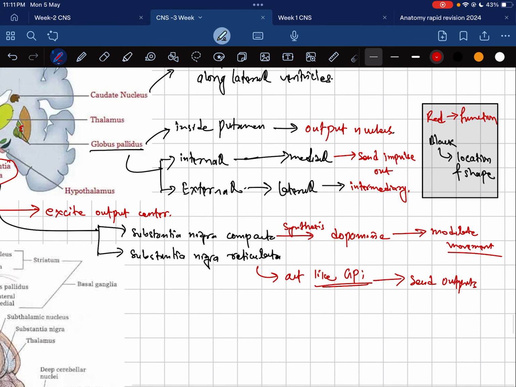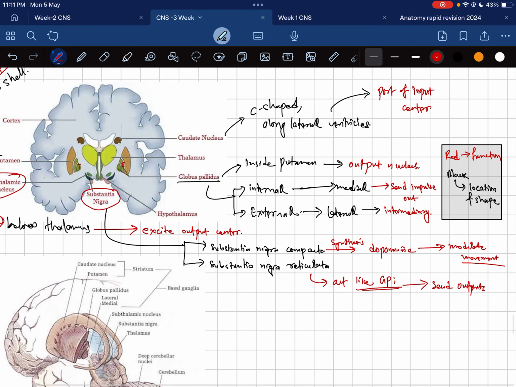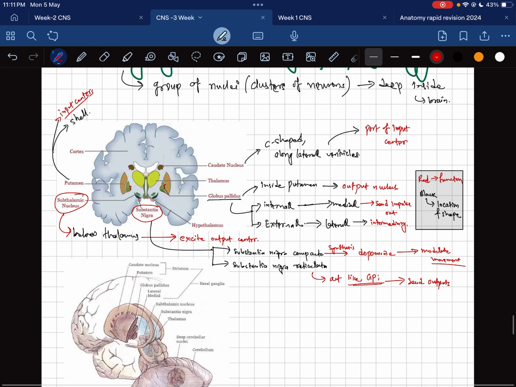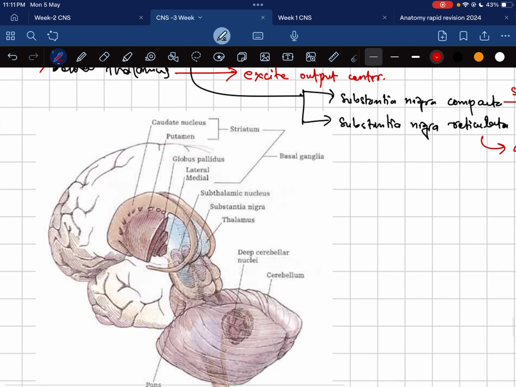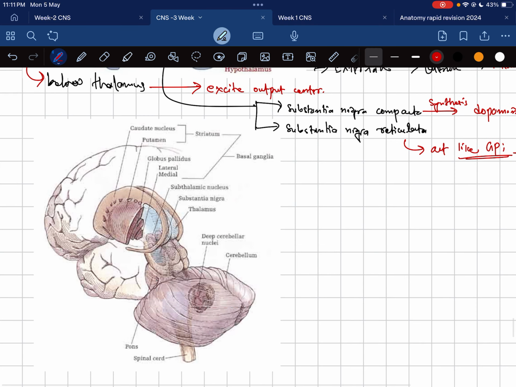So we have discussed the components. In this image you can also look: this is the midbrain portion, the brainstem, and this is the cerebellum. The tail and body belong to the caudate nucleus.